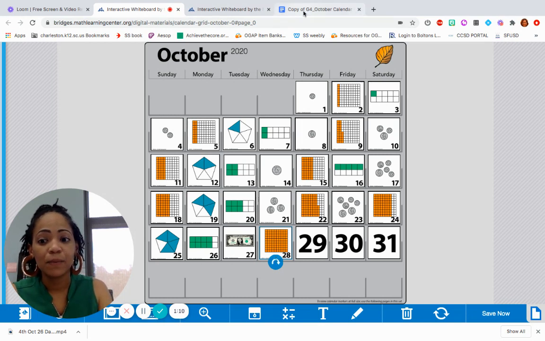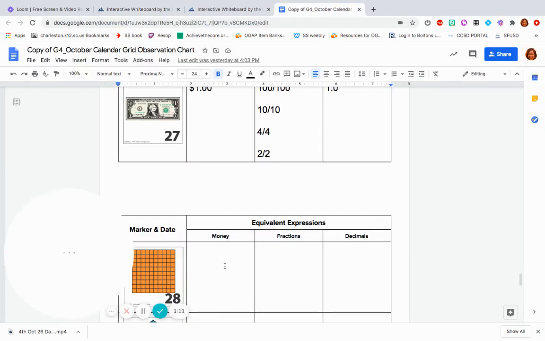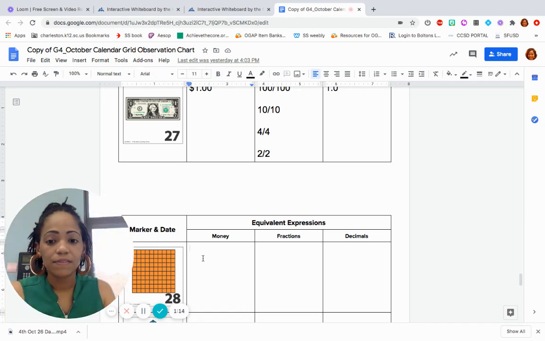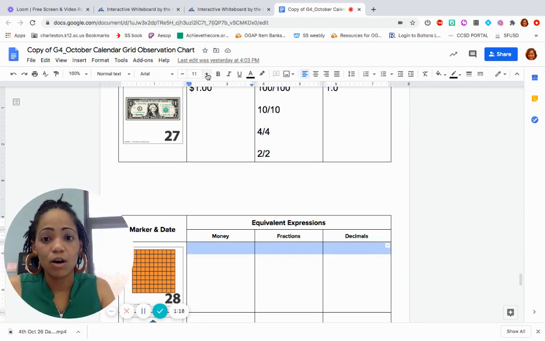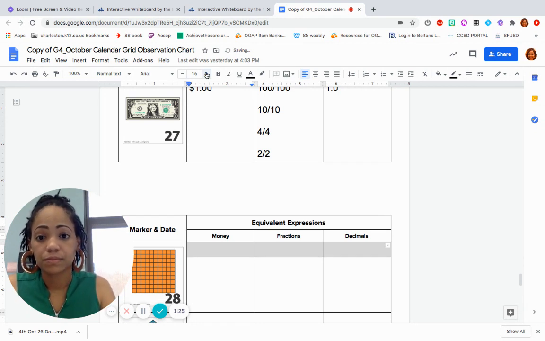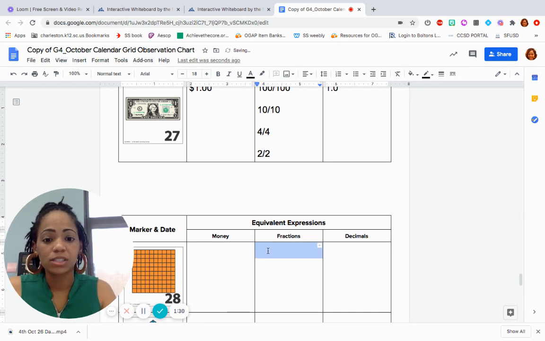And so if I were to fill this in on the chart that we've been filling in all month, I would say that that is what? Fraction. Right, it's just one whole, just like yesterday.